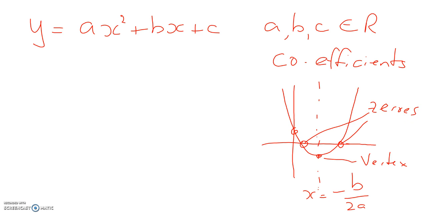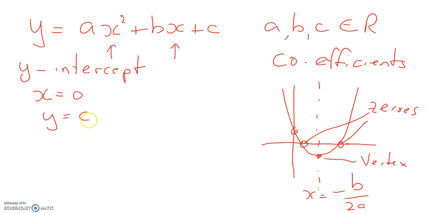Okay, so the first thing is our y-intercept. That's the spot where x equals 0. And if we substitute x equal to 0 into our general equation up the top, with this term here equaling 0 and that one there equaling 0, we end up that y must equal c.